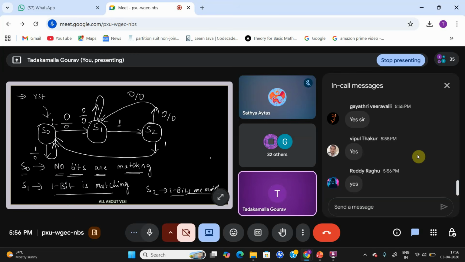Yes. Okay. Now, how to write the Verilog code for this particular part? Anyone knows how to write the Verilog code for this? So if I want to write a Verilog, yeah, please.